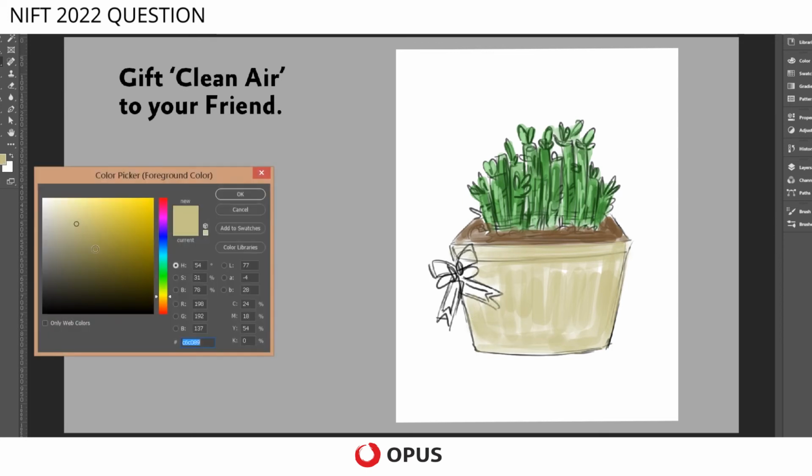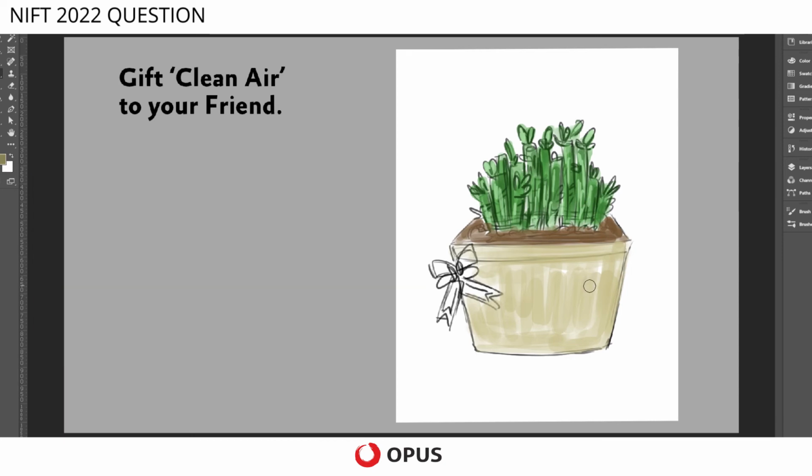A slight amount of dark and light and shade will also bring out the pot.